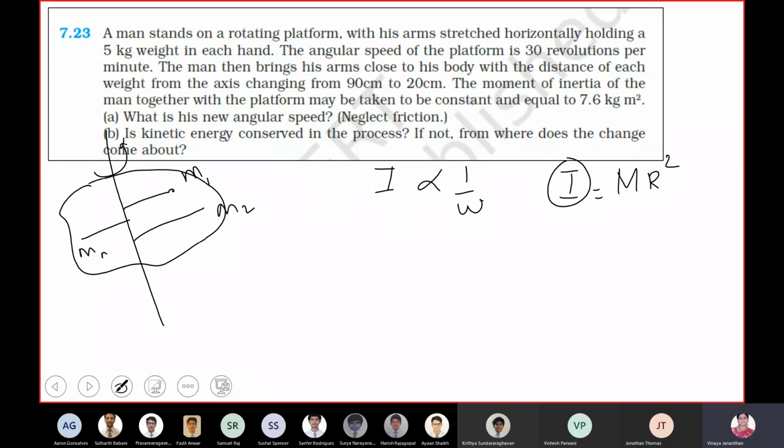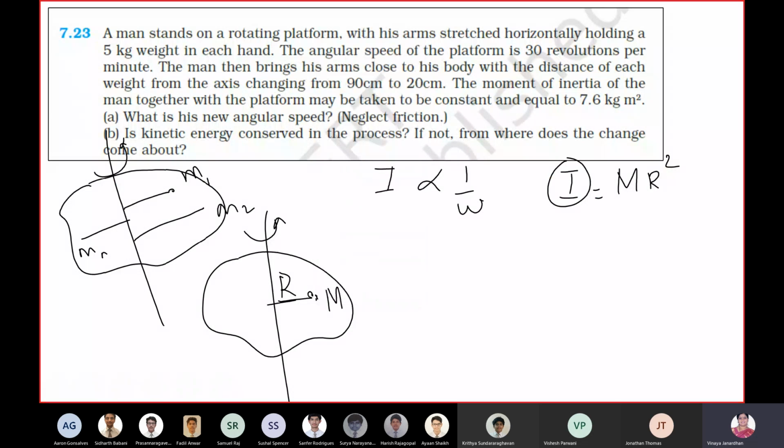then angular velocity omega. Suppose I consider the entire center of mass located at this point. This is at a distance of r from the axis of rotation. Instead of considering all the particles, let me consider the entire mass M concentrated at this point, at a distance of r from the axis of rotation.